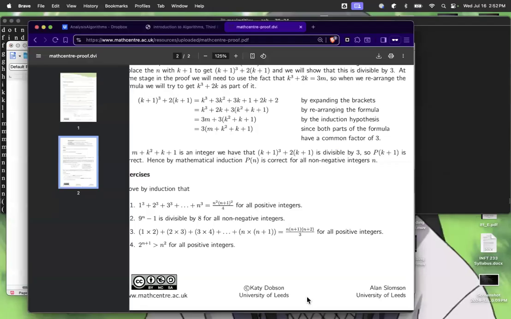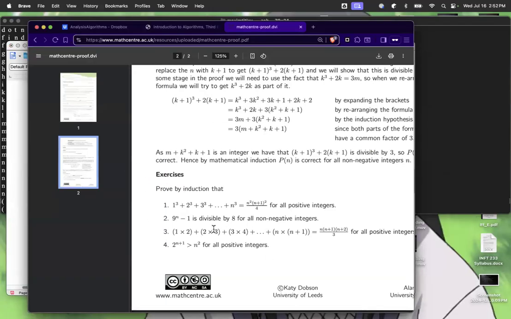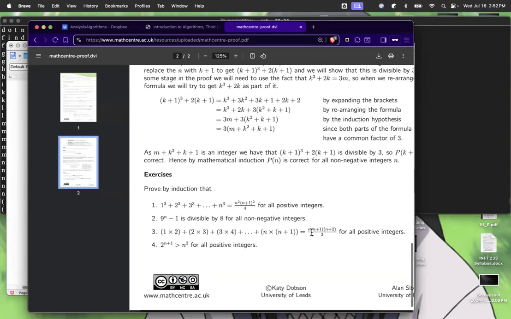Now, if we take a look at what they were doing here, this is also another one that's possible. I think this one might have been a bit easier if we did that one together. Let's see, 1 times 2 plus 2 times 3. This one could have been a bit tricky, but I think that's also somewhat possible.